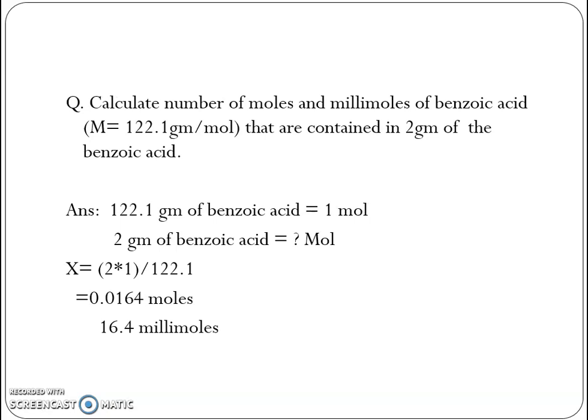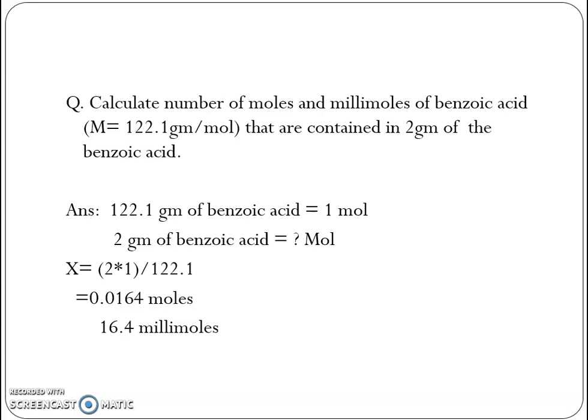So here is a question for you. Calculate the number of moles and millimoles of benzoic acid that are contained in 2 grams of benzoic acid. So first of all we need to know the molecular weight or molar mass of benzoic acid. Its molecular weight is 122.1 gram per mole. So it means that 122.1 gram of benzoic acid is equal to 1 mole.